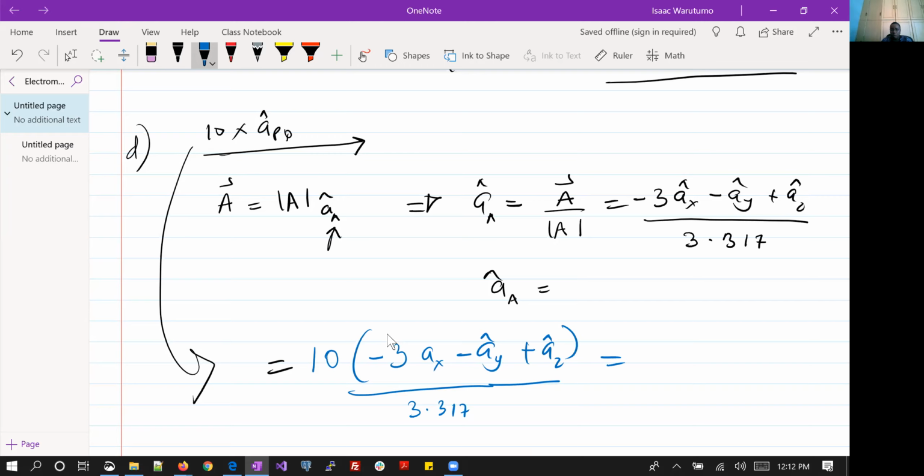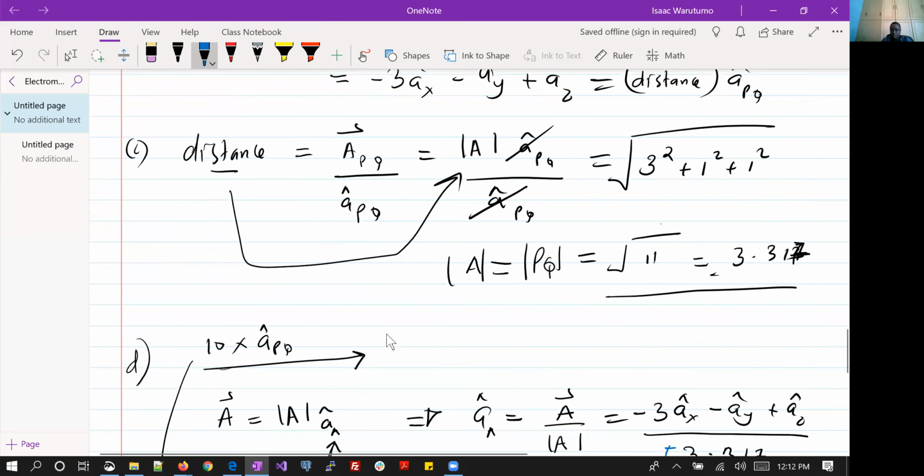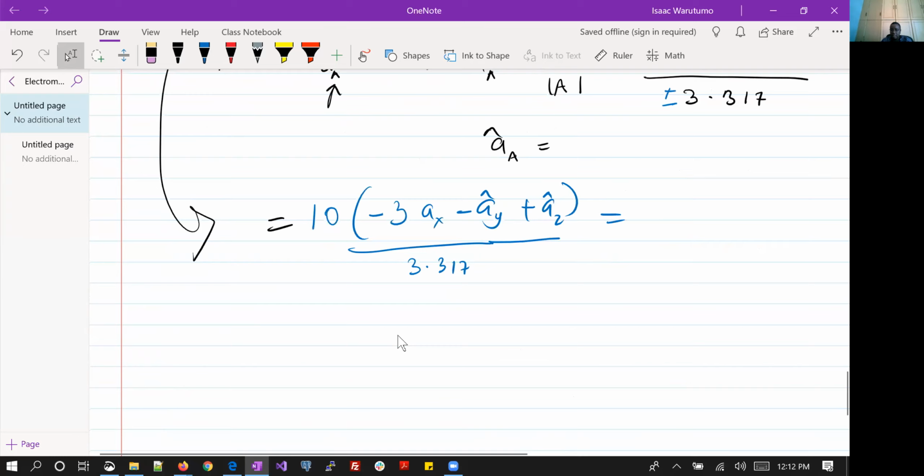Remember we had a square root somewhere, so it is important that this is plus or minus, because whenever we square root, we always get an answer in plus or minus.